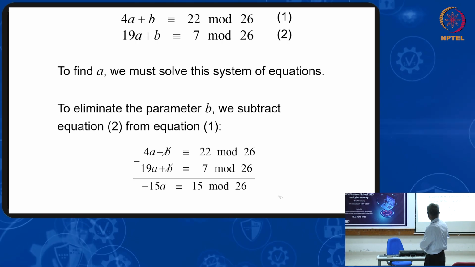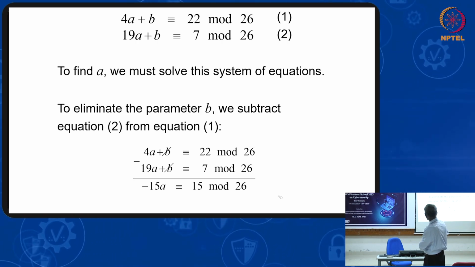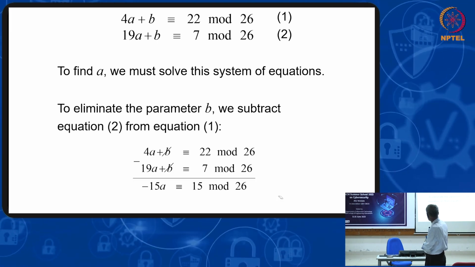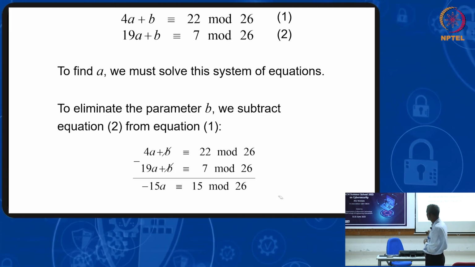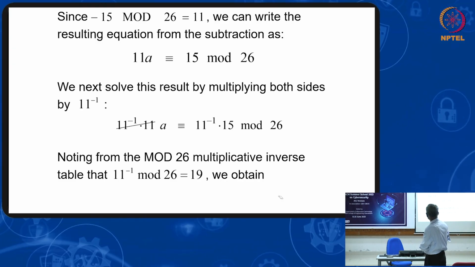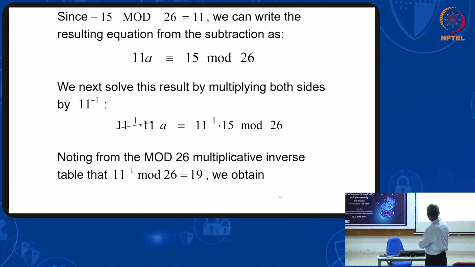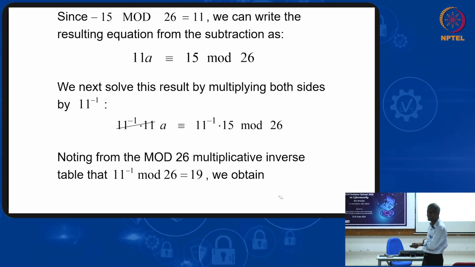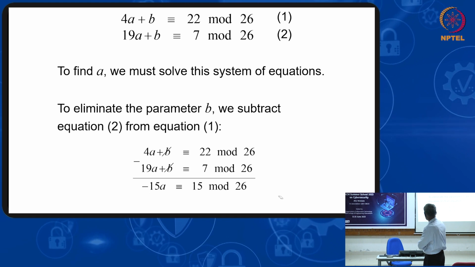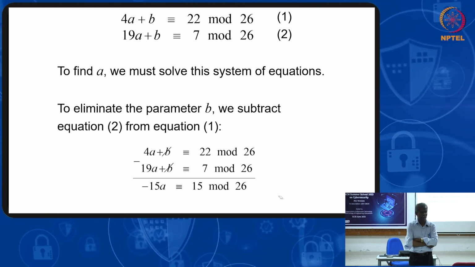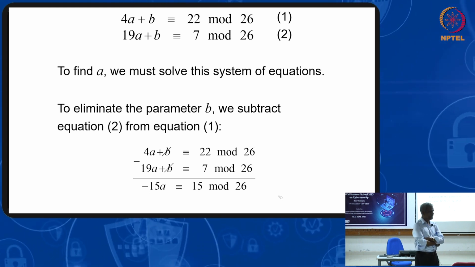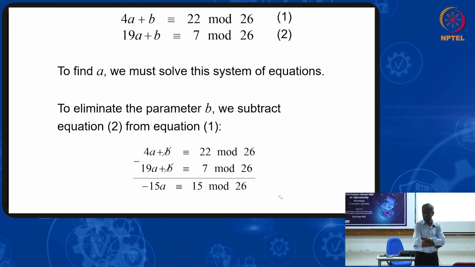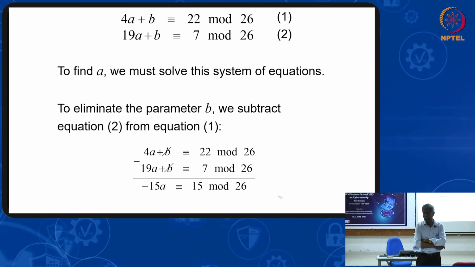Solving the equation, first subtracting equation 2 from 1, we get minus 15a equal to 15 mod 26. Minus 15 is equivalent to 11 mod 26, so minus 15a equals 11a.